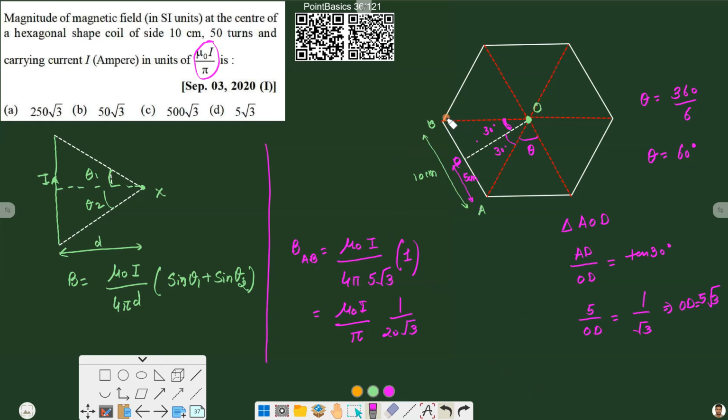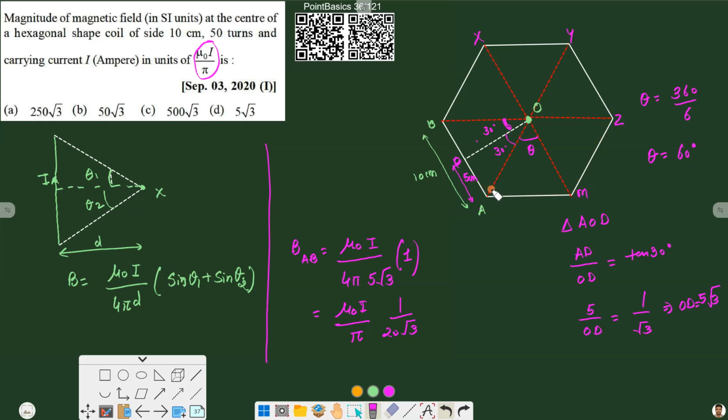Now we have 6 conductors available here, like AB, BX, XY, XZ, XM, and MN.